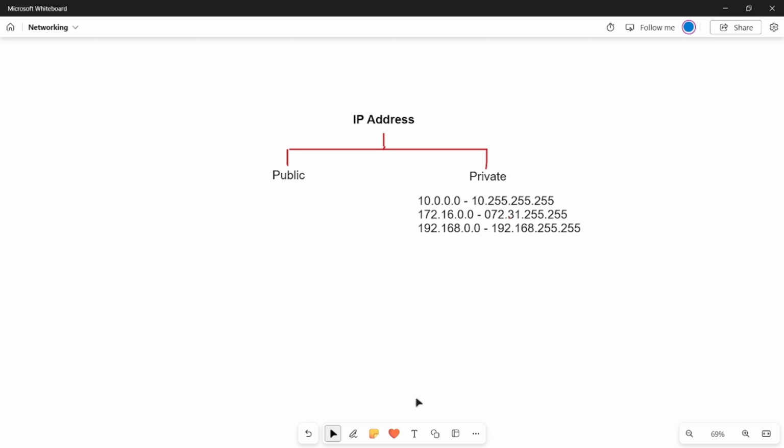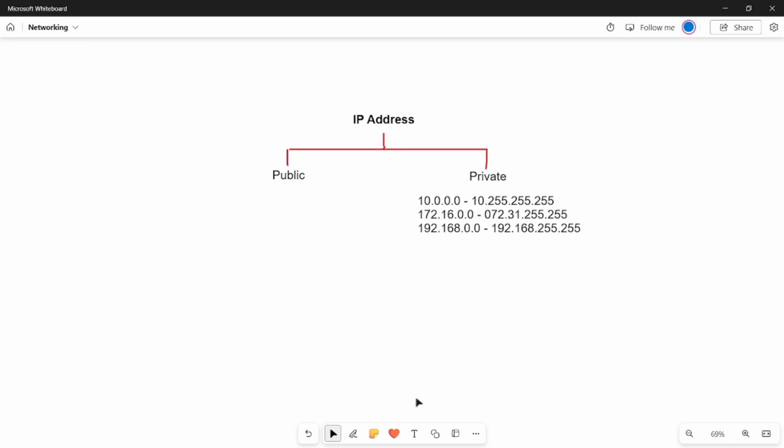The demand for IP addresses went very high, and IP addresses were running out rapidly. Because of that, people thought that assigning a public IP address to a local area network would be a waste of IP addresses. So they introduced two different types of IP addresses called public IP addresses and private IP addresses.